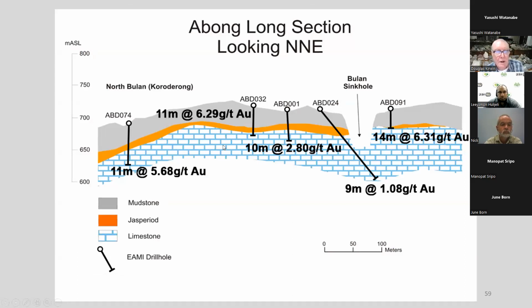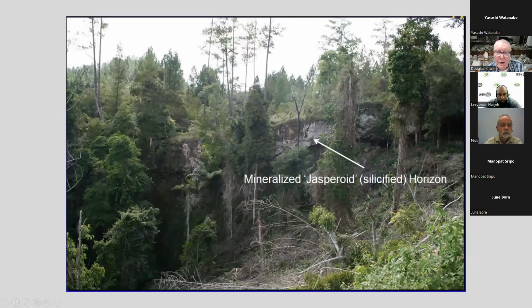That's a cross-section showing that the mineralization is occurring in a jasperoid horizon at the contact of mudstones and limestones. There's a view of the mineralized jasperoid outcrops, and as is often the case with this style of mineralization, because the mineralization occurs within or associated with jasperoids, they tend to form very prominent topographic features.